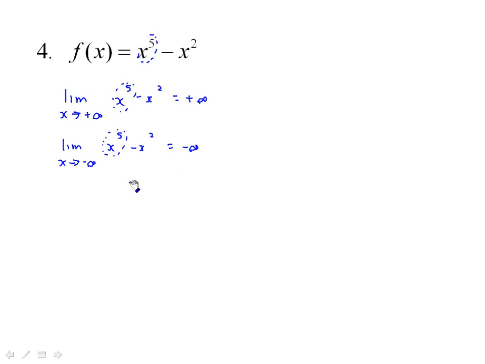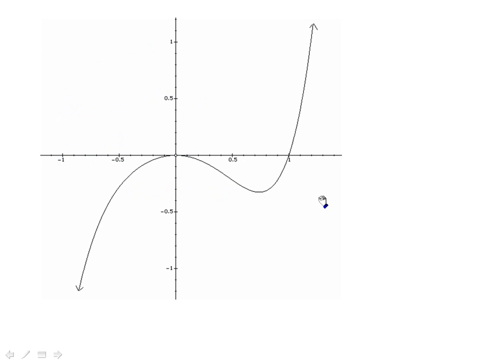So therefore, if it's not equal to a number, there's no horizontal asymptote. So we end up with a graph looking like this. Goes up forever, goes down forever.